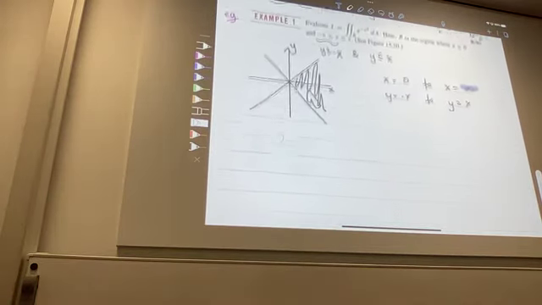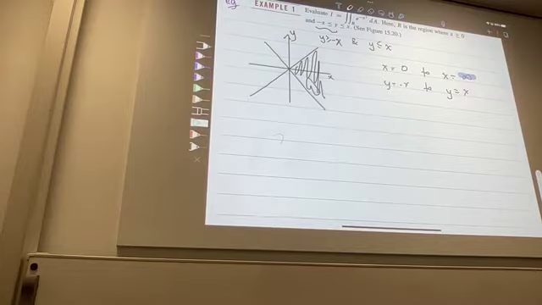So let's work this through, just to get a little bit of practice. Let's set up our integral. The way we've got it set up here, we need to integrate with respect to y first, because that has x's in it, and x just has our constants.